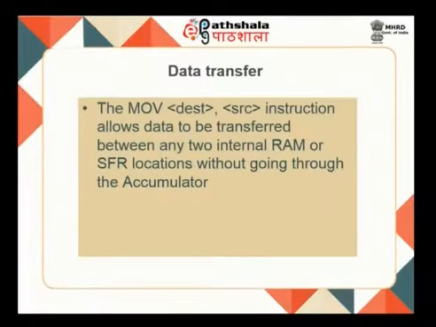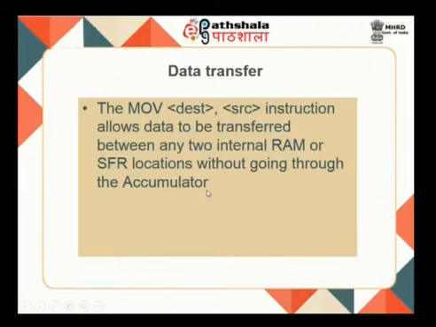As we have gone through all the examples with addressing modes, where we will be using MOV. MOV is used for moving data here and there. So, data transfer instruction is used with MOV, either MOV, MOVC or MOVX. So, MOV destination comma source: this instruction allows data to be transferred between any two internal RAM or SFR locations without going through the accumulator.